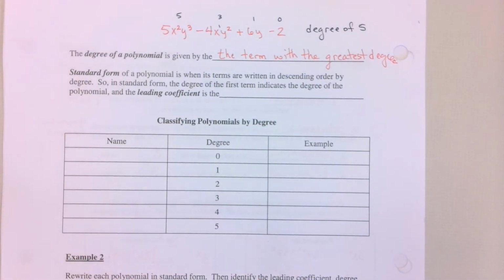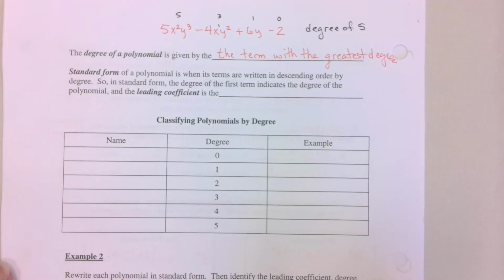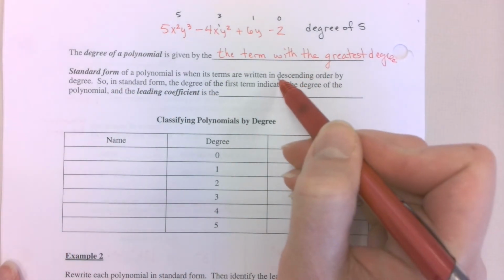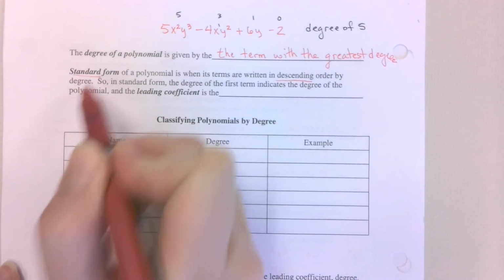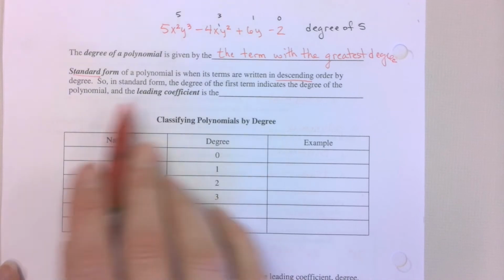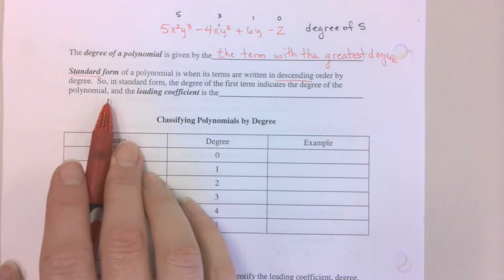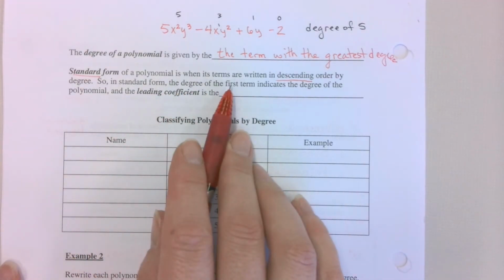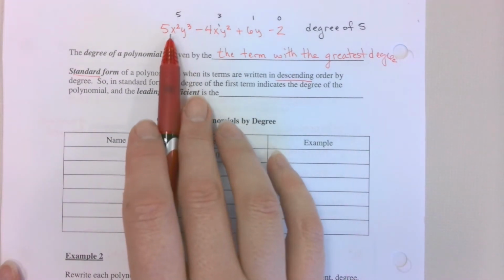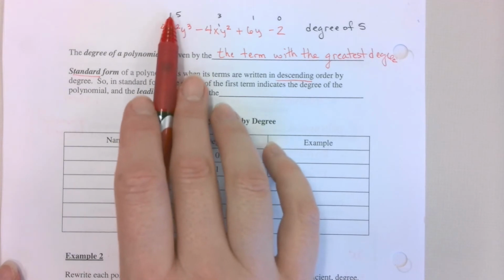Okay, now, standard form is how we always want to write our polynomials. So standard form is when the terms are in descending order, from highest to lowest degree. In standard form, the degree of the first term indicates the degree of the polynomial. So this is in standard form, and so that's the degree, 5.